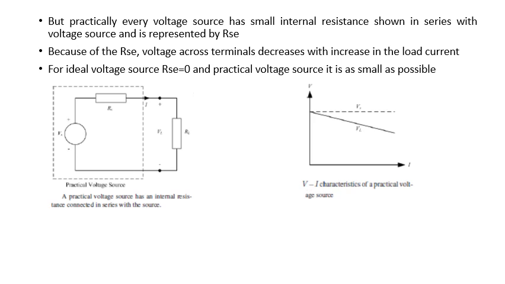Because of the RSE, there will be a voltage drop with increase in the load current. For an ideal voltage source, RSE is equal to 0, and for a practical voltage source, it is a small value.